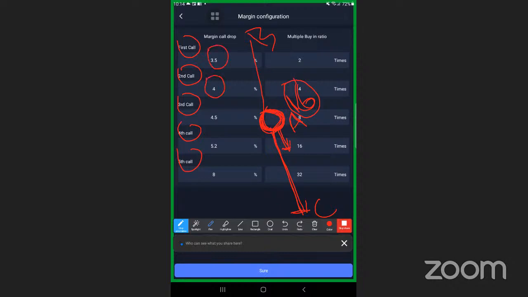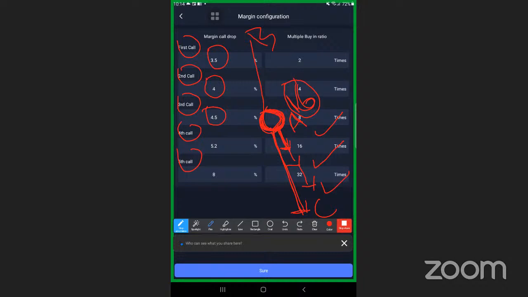Here, you are telling the robot, when price drops by this percentage, buy me 1. When it drops again by this percentage, buy me 2. When it drops again by another percentage, buy me number 3. So that's what we call a drop.